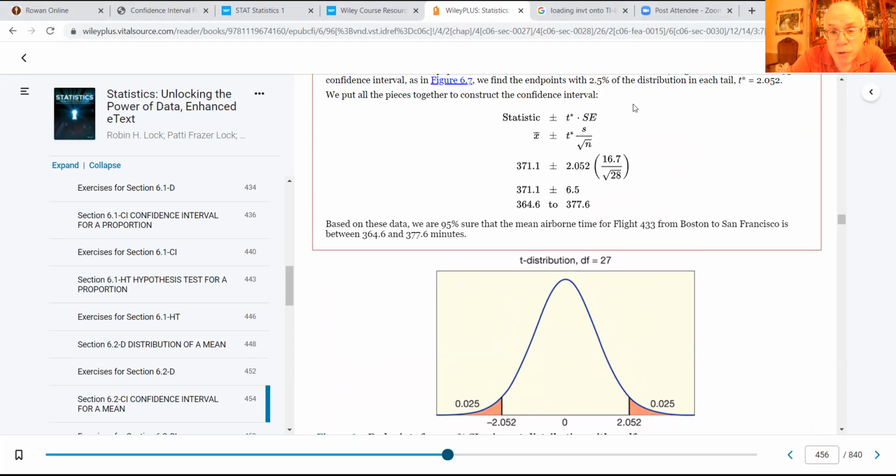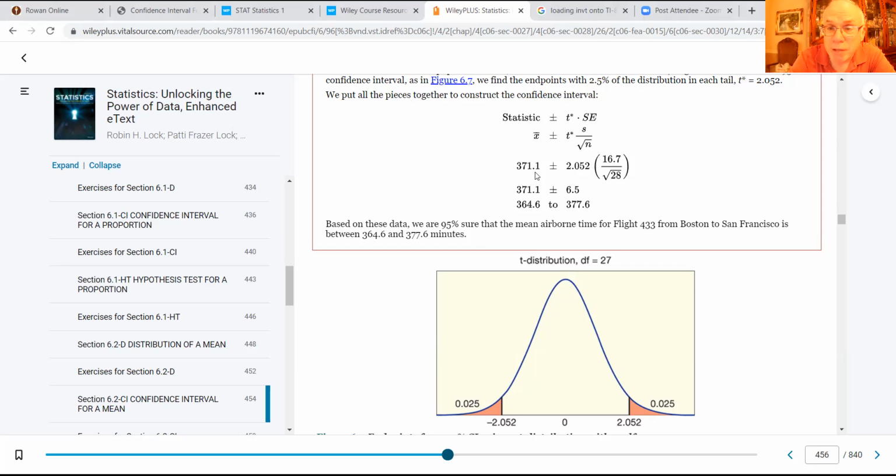And remember, this is very important, it's not always between these two times. Just because of the sample that we're using, the 28 flights. If somebody else picked randomly 28 other flights, they would get a different sample mean and a different 95% confidence interval.